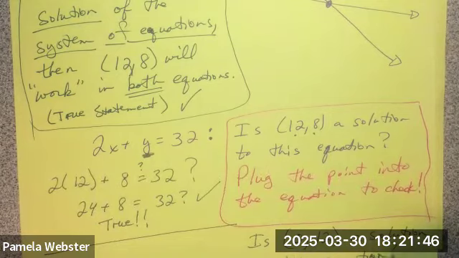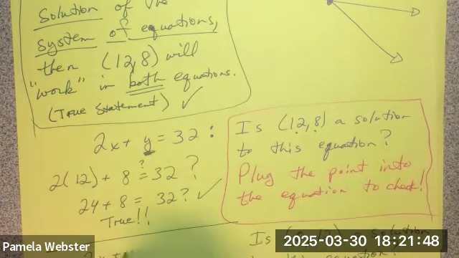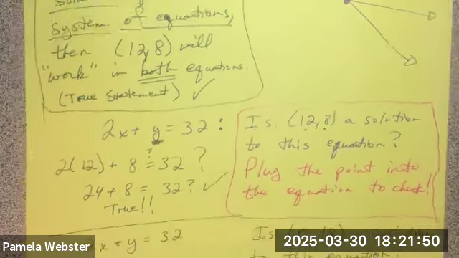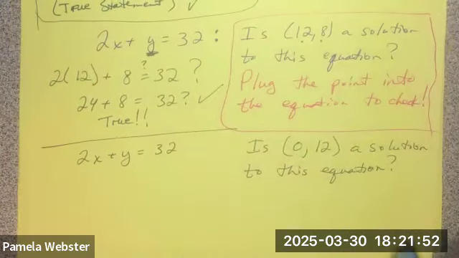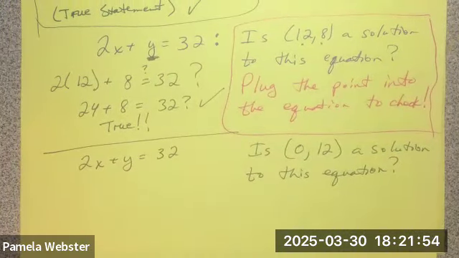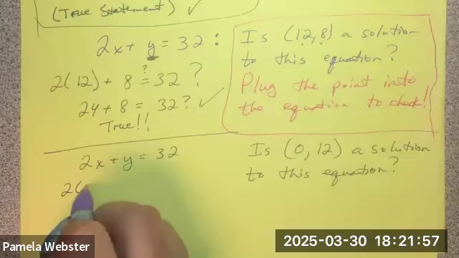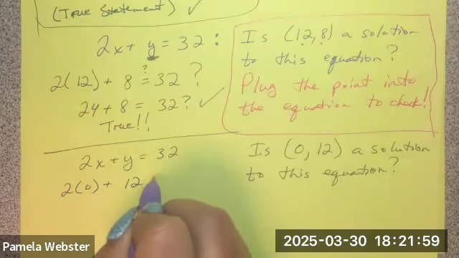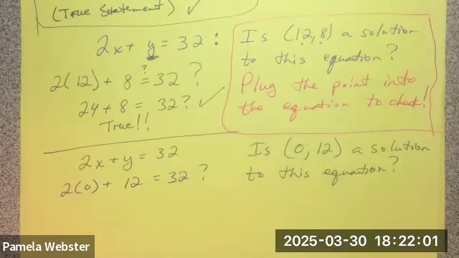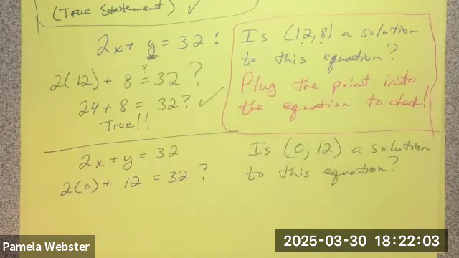We know it works in the other one. 2x plus y equals 32. I want to know, does it work here? Again, how do I know? I plug it in. 2 times 0 plus 12 equals 32, question mark. We're not saying it does. We're saying, does it?